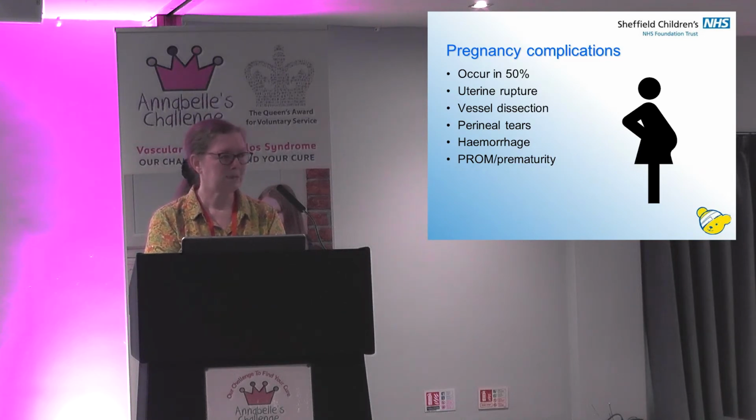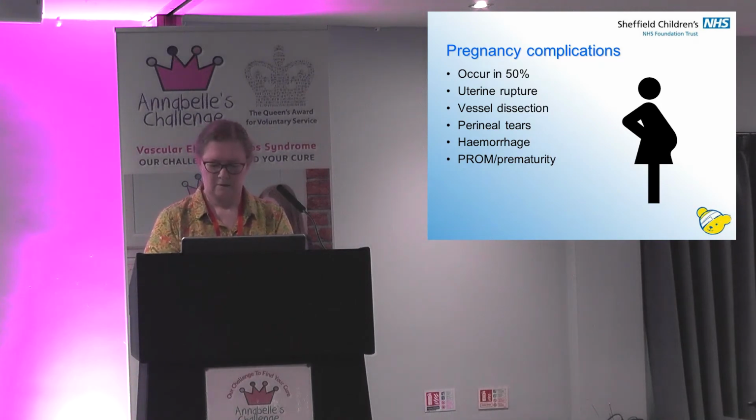A high number of people have 3rd and 4th degree perineal tears, and also quite a significant number of people have pre and post delivery hemorrhage. And then there's also a significant risk of premature rupture of membranes and prematurity. If the mother does not have vascular EDS and the child inherits vascular EDS, that itself puts that pregnancy at risk of premature delivery as well.